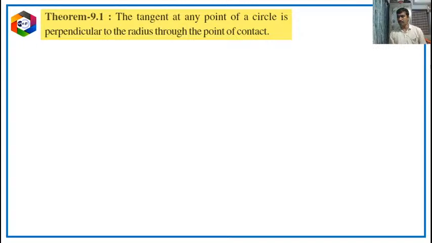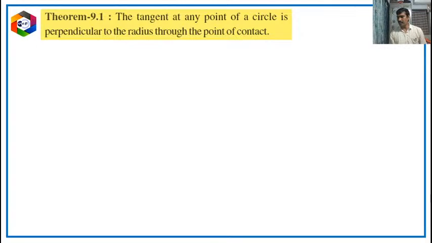What is the theorem? The tangent at any point of a circle is perpendicular to the radius through the point of contact. Once again, the tangent at any point of the circle is perpendicular to the radius through the point of contact. This is the first theorem regarding the circle.